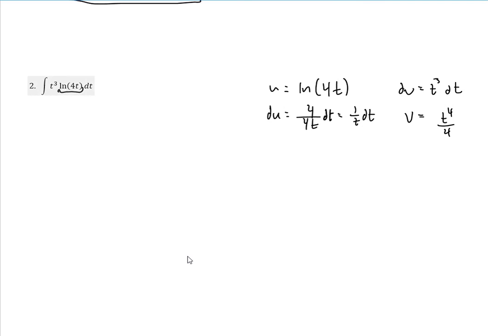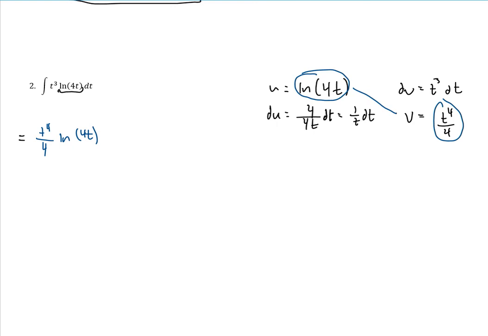All right, well, now we've got our integral, we've got our setup, and now let's continue with the formula. Well, the formula is really in a visual with the colors here. This multiplies that straight across. Okay, so the ln, and again, I usually put this portion first because the ln is usually best to leave last. So let's do it as t to the 4 over 4 ln of 4t, just like that.